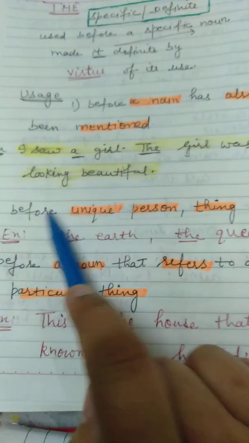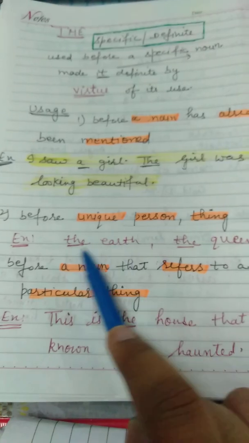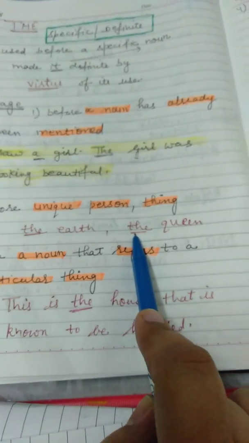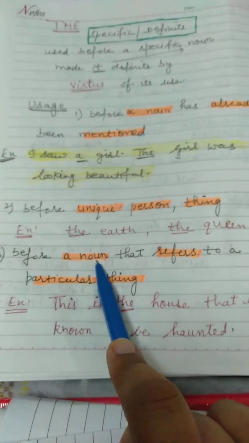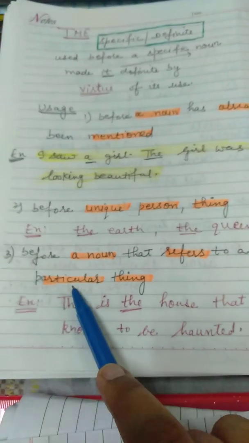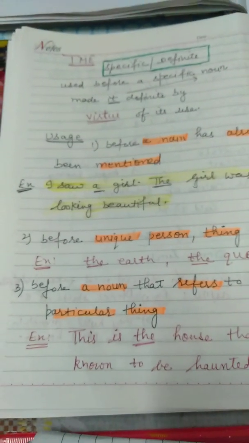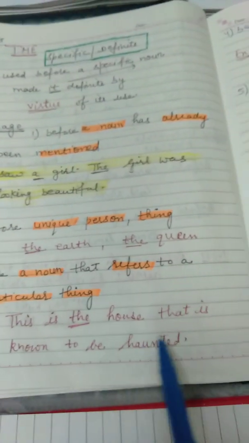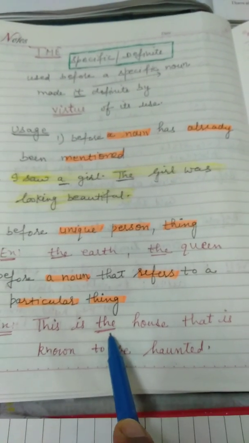Next, before unique persons or things. Example, the earth, the queen, the moon, the sun. Next, before a noun that refers to a particular thing. Example, this is the house that is known to be haunted. Here the is used.